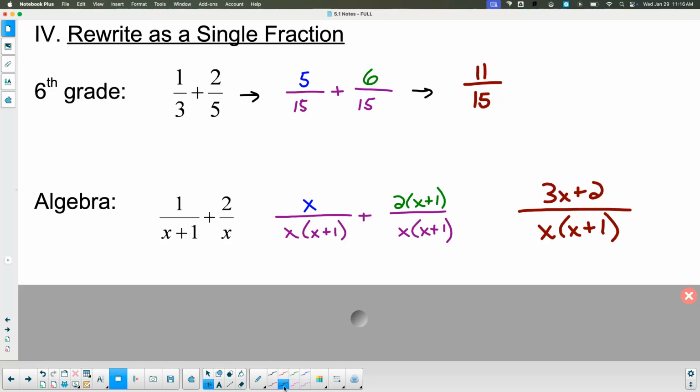Yes? Can I simplify it? What do you mean? Are you saying I can just whack off those x's? Okay, good, because I can't.